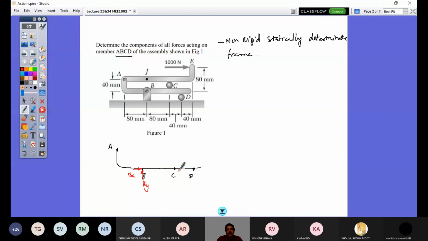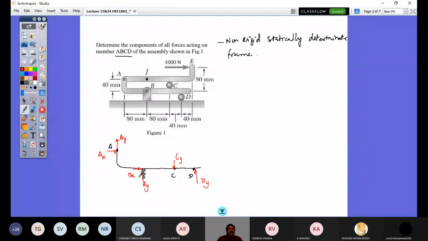In case it is not correct, then accordingly my sign will change. So Cy, and I will have here Dy. The question of our interest is all the forces acting at point A. Again it's a pin, so I would have Ax and Ay. So now how many unknowns are there? 1, 2, 3, 4, 5, 6 unknowns are there.